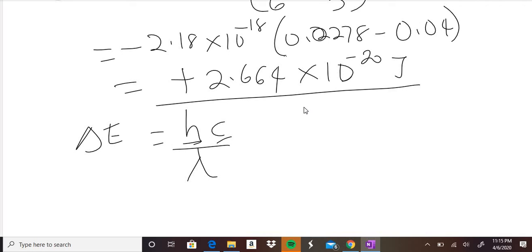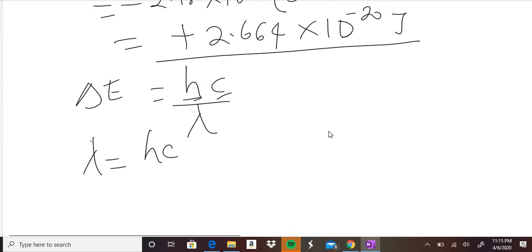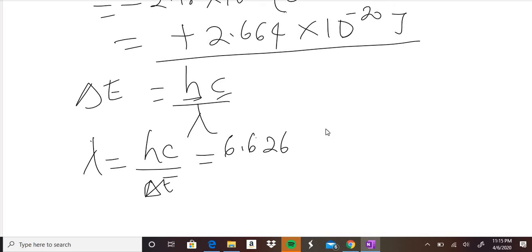So when we rearrange our equation, our wavelength is gonna be hc over delta E, and this is going to be 6.626 times 10 to the negative 34 joule second times the speed of light, which is 3.0 times 10 to the 8 meter per second.